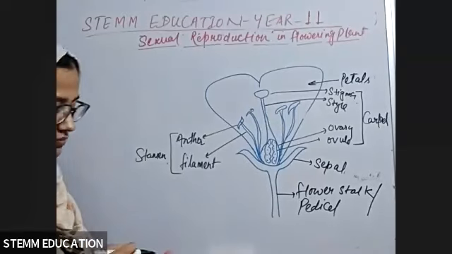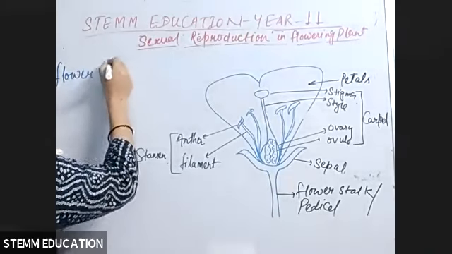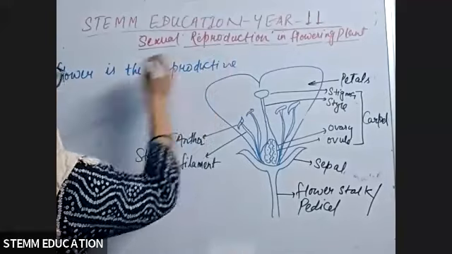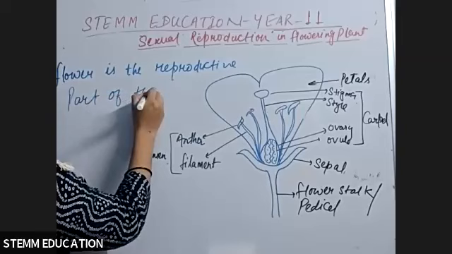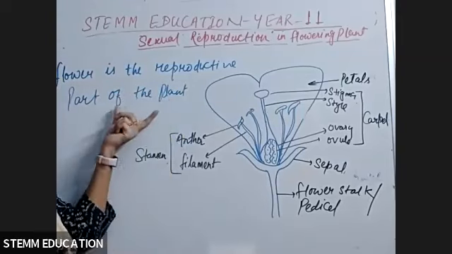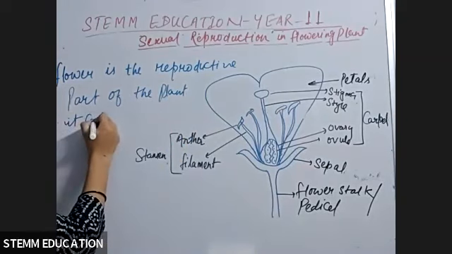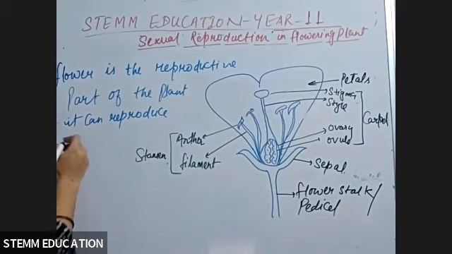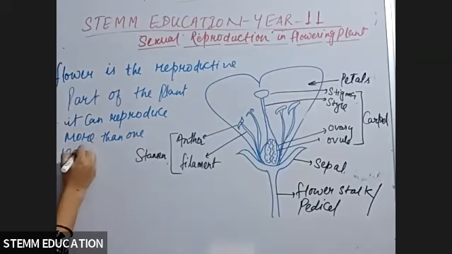This is the flower. The flower is the reproductive part of the plant. It can reproduce in more than one way.